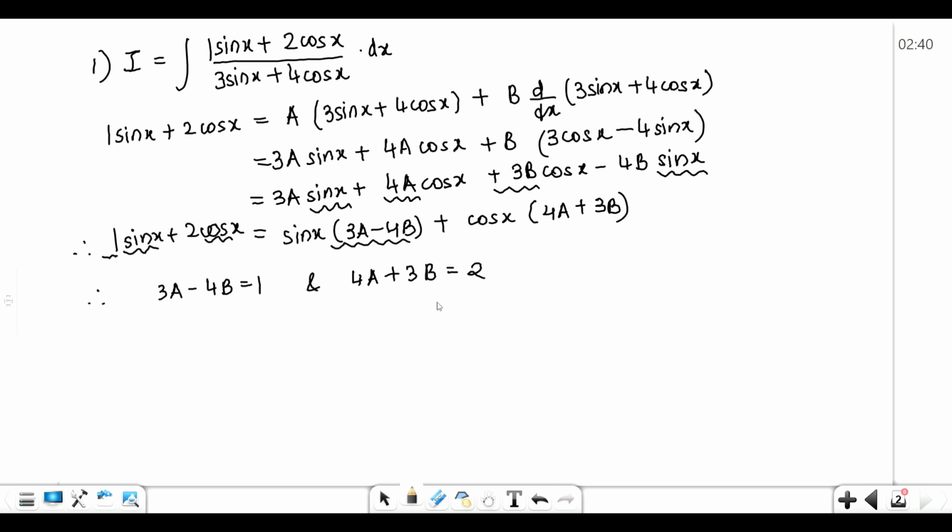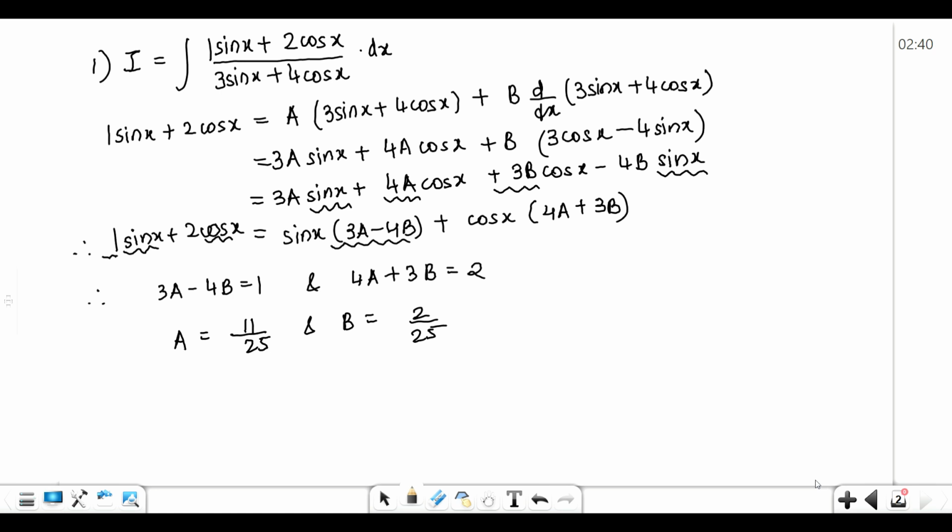We have got these two equations. You can solve them simultaneously and find the values of a and b. On solving, you get the value of a as 11 by 25 and the value of b as 2 upon 25.